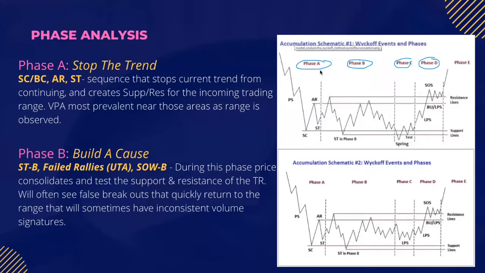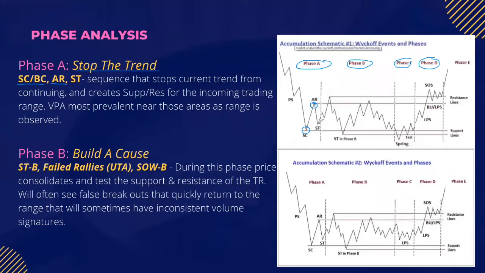So starting off phase A, we stop the trend. How do we stop the trend? Usually there's a climax, seller's climax or buyer's climax right here. So we have a new low. There's an automatic reaction. This automatic reaction is the high that we create from that low.